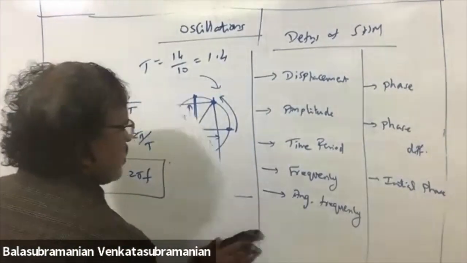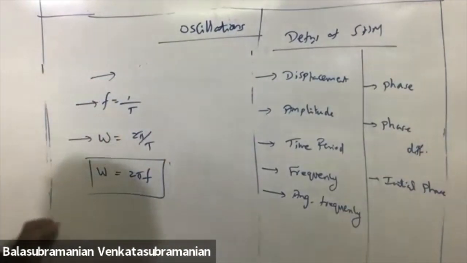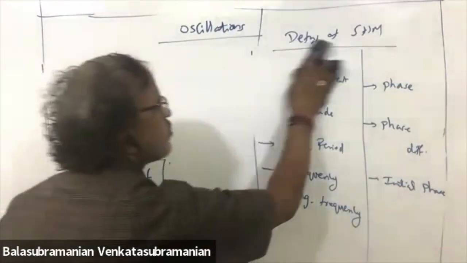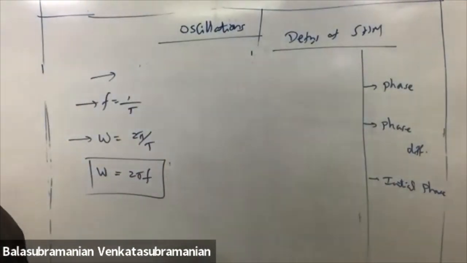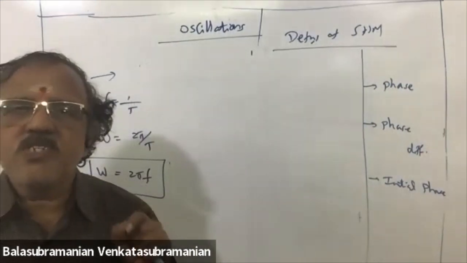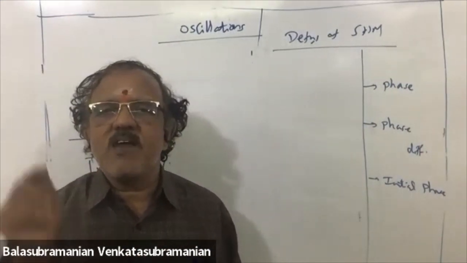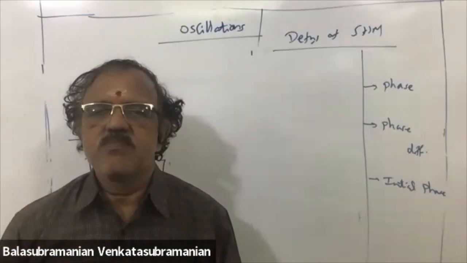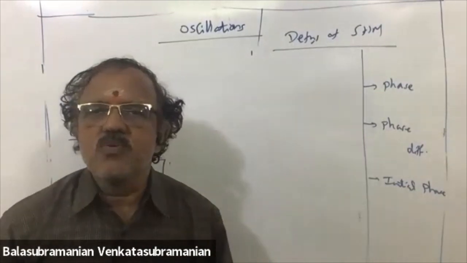Okay. Next. Phase. Phase means the position of the vibrating particle, that is where it is situated after a time of 3 seconds. How much angle it is passing through.